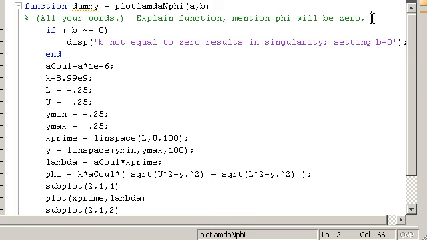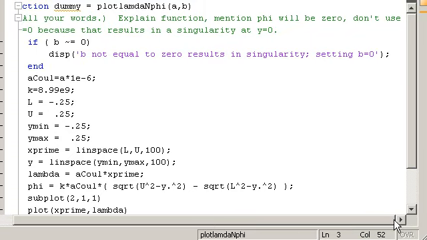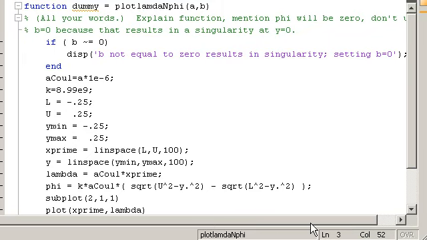Explain the function, say what it does. You might mention that it's going to be 0 for all values of y from minus 25 centimeters to 25 centimeters. Alert them not to be surprised. And also don't use b equal to 0, because that results in a singularity at y equals 0. We're supposed to be graphing right through y equal to 0, so we won't be able to plot it. It's a divide by 0 situation.